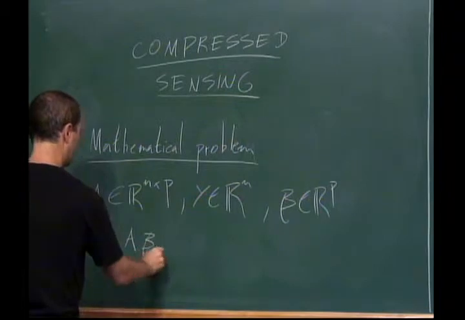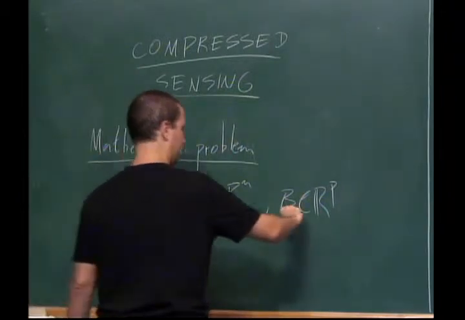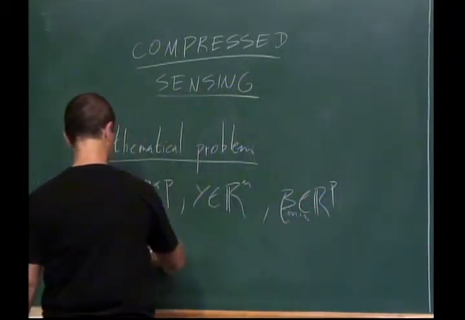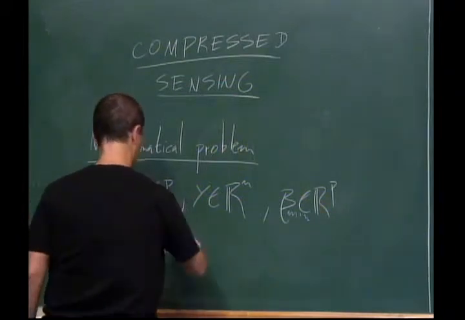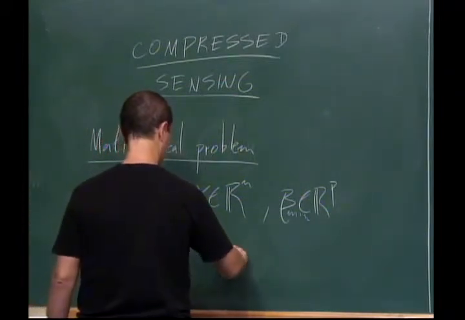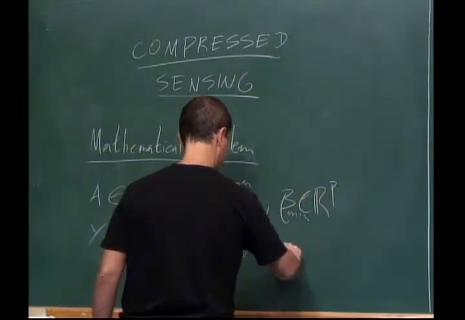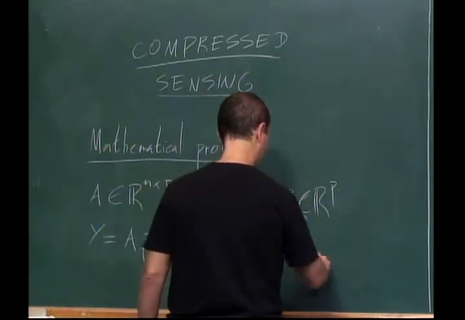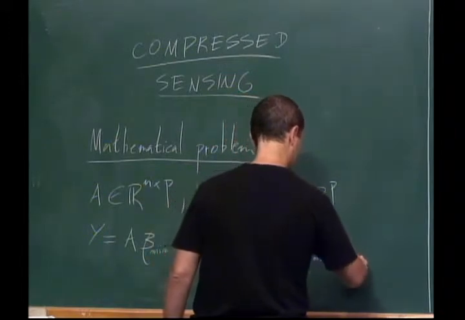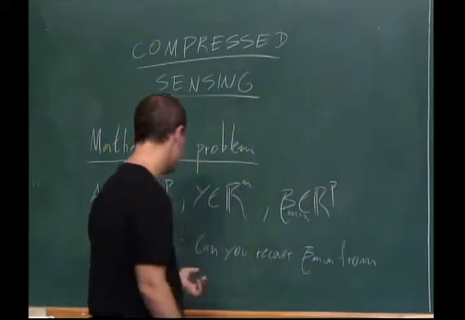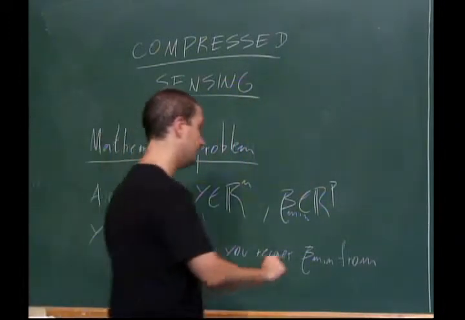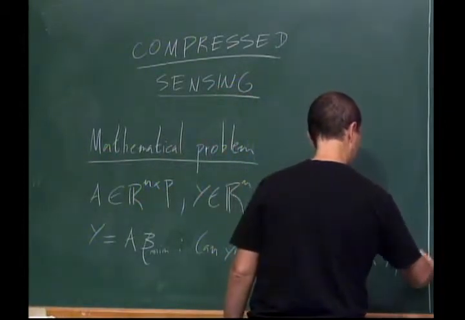So you have your system, and now beta min. Can you recover beta min from Y in the matrix A?